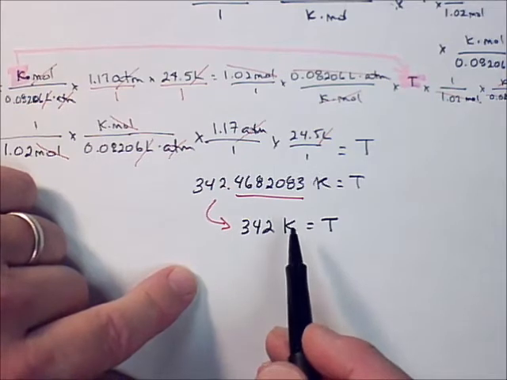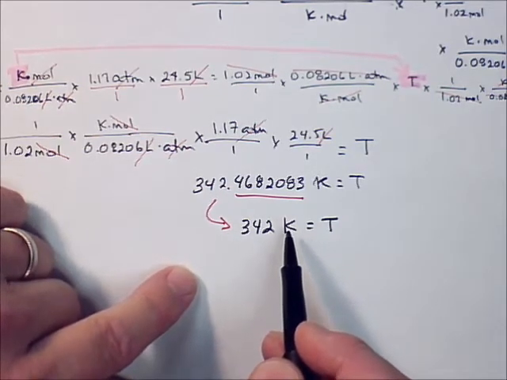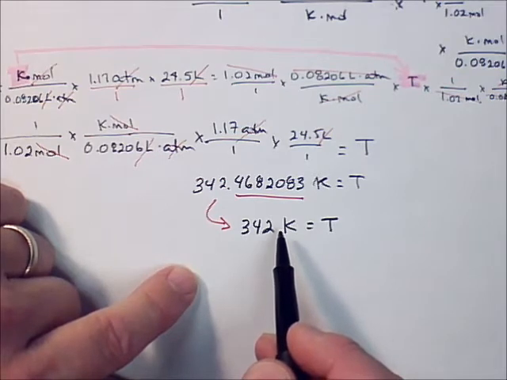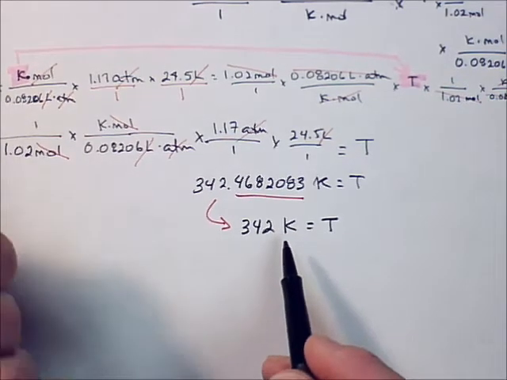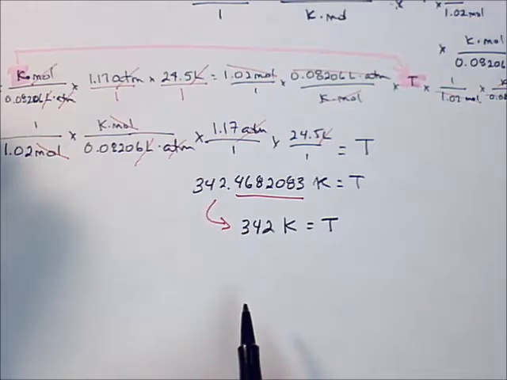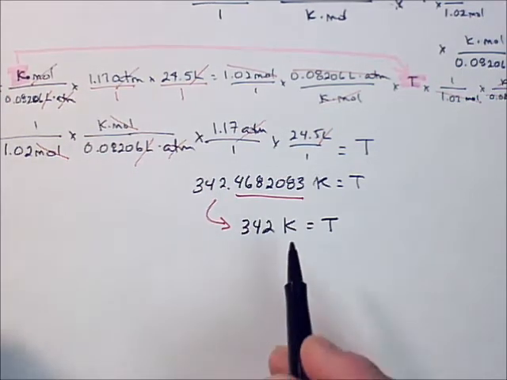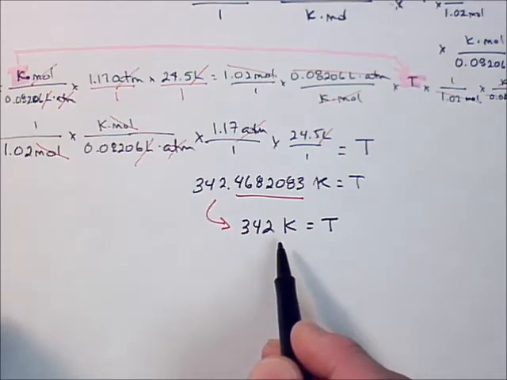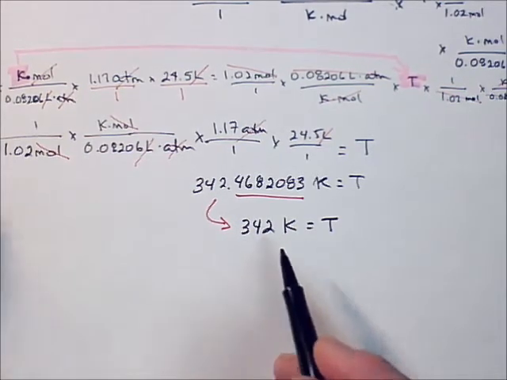If you add 273.15 to the Celsius temperature in order to get a Kelvin temperature, you undo that. You get a Celsius temperature by subtracting 273.15 from the Kelvin temperature.